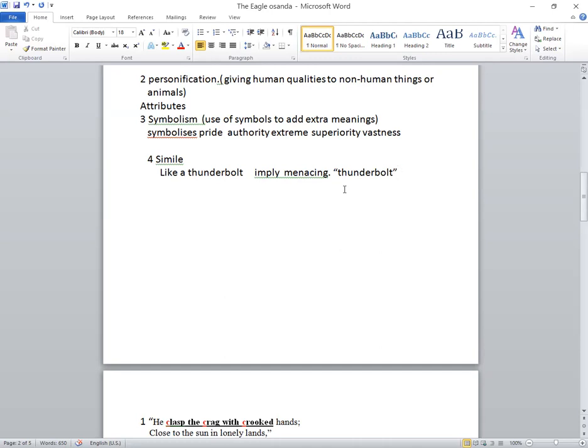Take the simile 'thunderbolt' from nature itself, to depict, D-E-P-I-C-T. Depict means show.